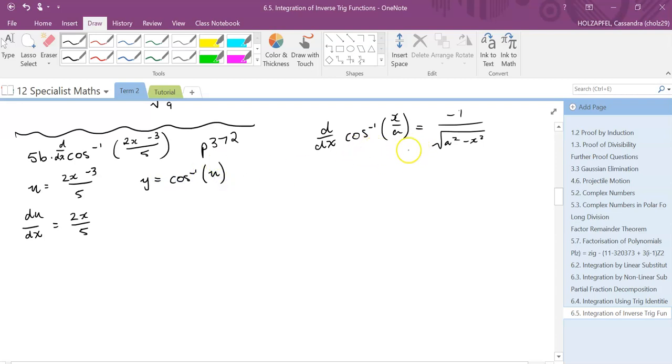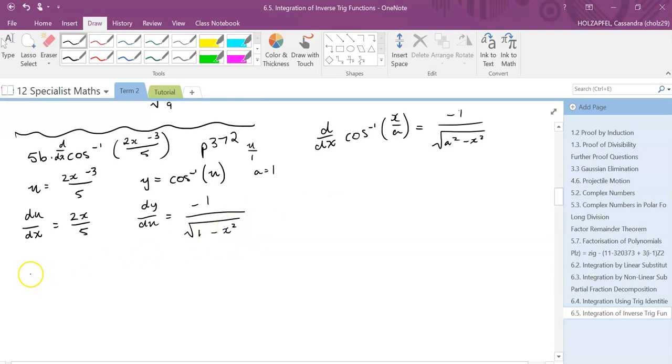We're going to use this rule here, and in this case, instead of x, we're going to use u, and a is going to be equal to 1, because we can just rewrite this in this fractional form, and we can see pretty easily that a will be equal to 1. So if we find the derivative of y with respect to u, it's going to be equal to -1 over the square root of 1 squared minus u squared.